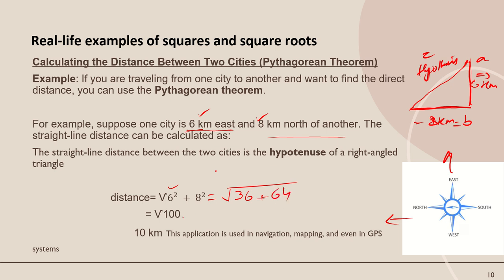If we add these two numbers, we will get 100. So square root of 100 is 10. 10 times 10 is 100. So by using the Pythagorean theorem, we can find the distance between two cities.